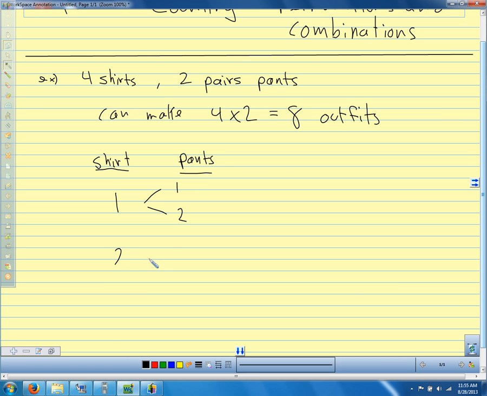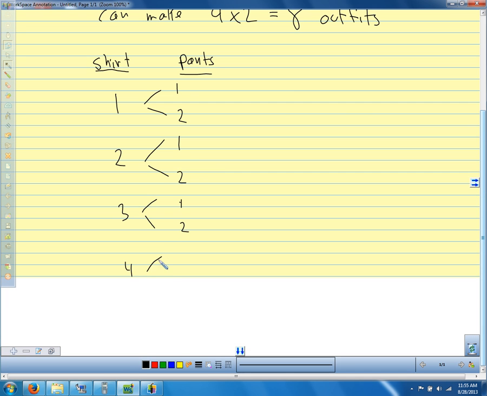For shirt 2, I could wear pair of pants 1 or 2, and so on. For shirt 3, 1 or 2, and for shirt 4, 1 or 2. And if I count all these up, I get 1, 2, 3, 4, 5, 6, 7, 8 combinations of pants and shirts. When we set things up like this, it's called a tree diagram.